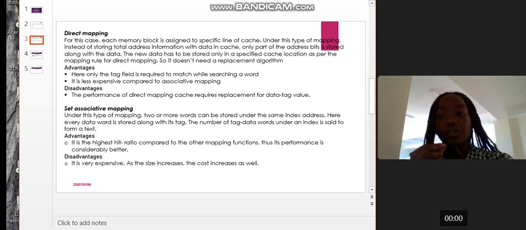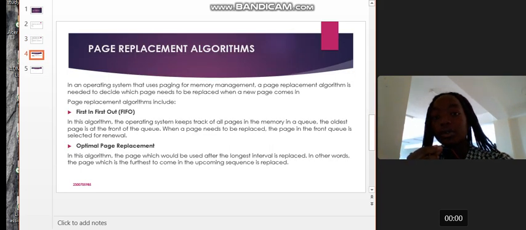The advantage of this type of mapping is that it has the highest hit ratio compared to other mapping functions. Thus its performance is considerably better. The disadvantage is that it is very expensive, because as size increases, automatically the costs increase as well.